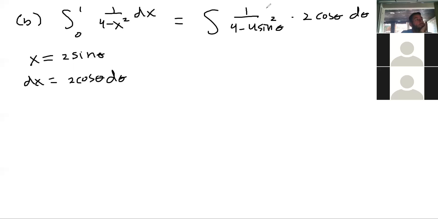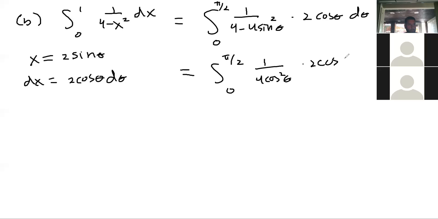Now, what are your bounds? Well, when x is 0, this has to be 0. When x is 1, this is pi over 2. And then, of course, this simplifies to 4 cosine squared theta times 2 cos theta d theta.